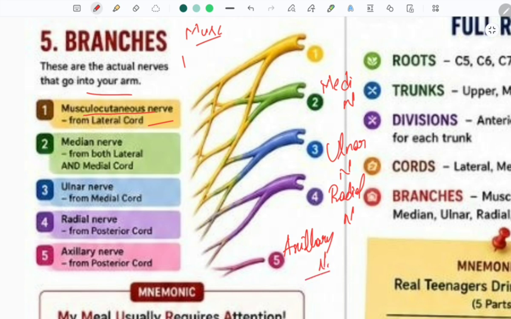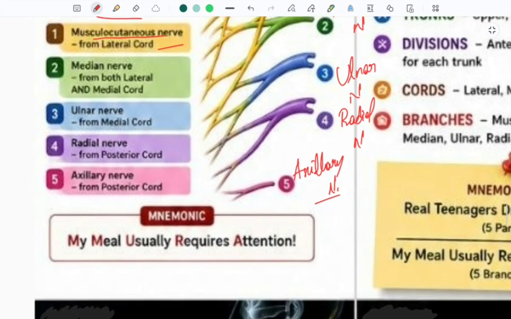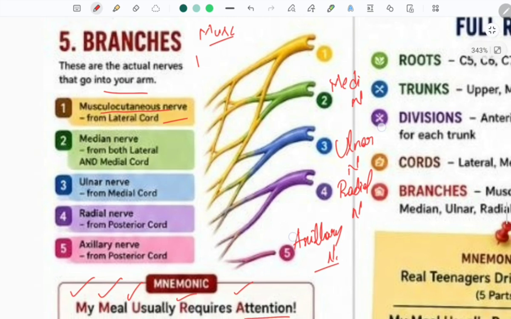To remember this, make a mnemonic: My Meal Usually Requires Attention. It means musculocutaneous, median, ulnar, radial and axillary nerves.